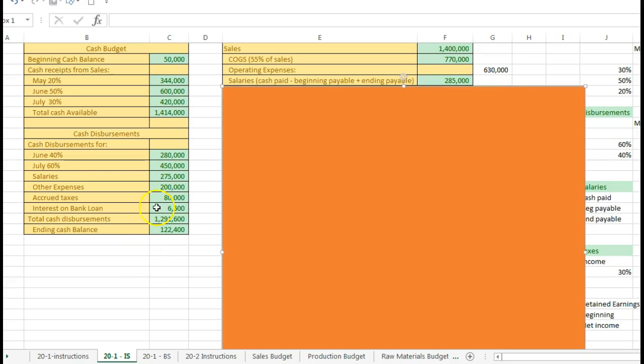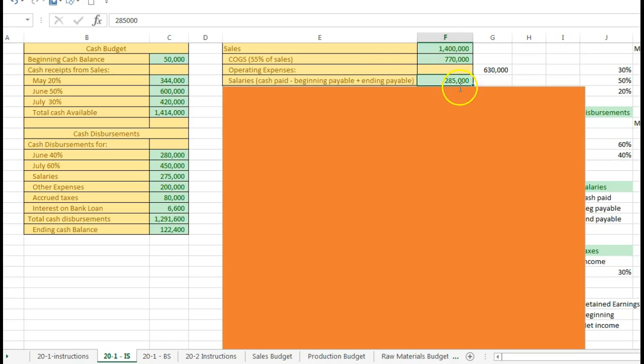They tell us salaries. Now remember I said salaries was $275. That was cash, but it did not include any accrued payroll, which is payroll that we owed but didn't pay during that period. So to figure that out, I take the cash paid minus the beginning plus the ending payable, and that tells me how much we spent altogether on salaries.